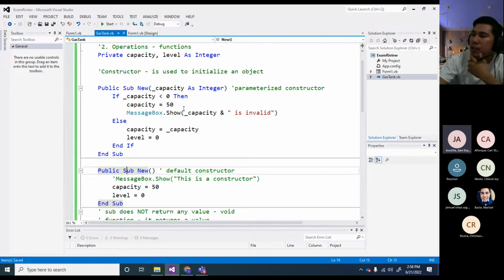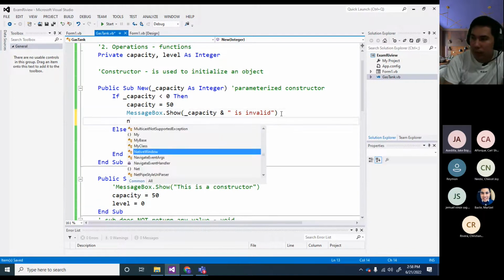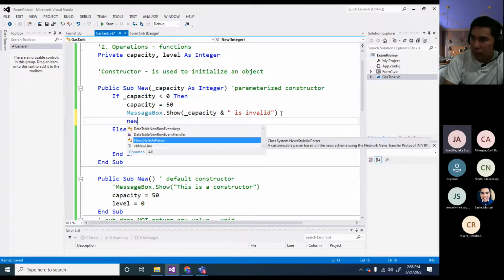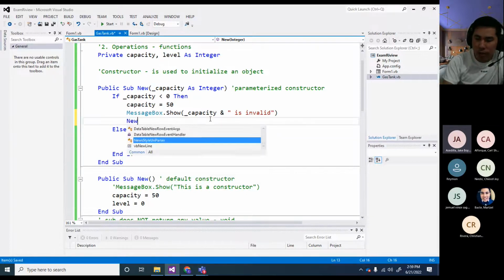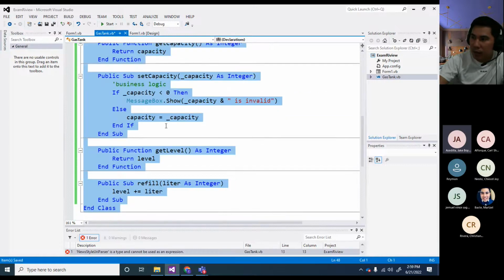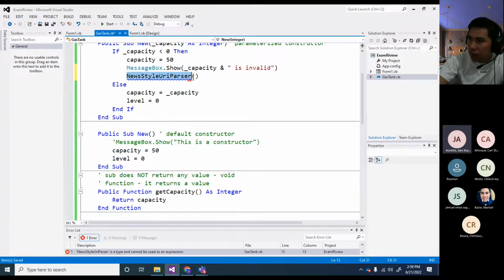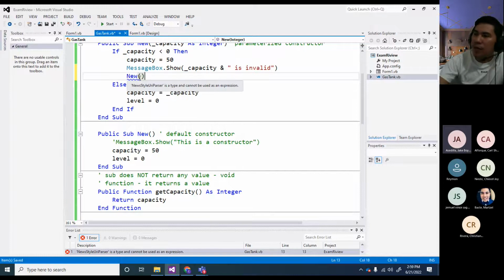Why can't I call the new? I should be able to call it.